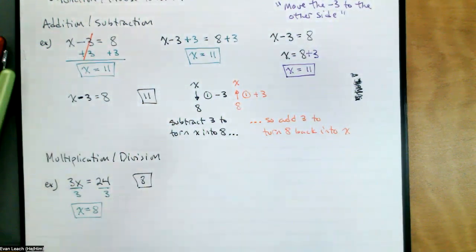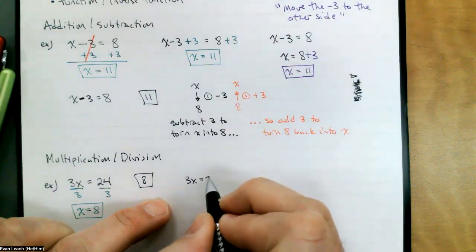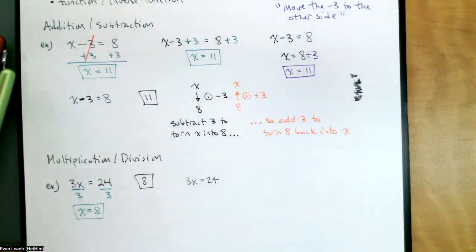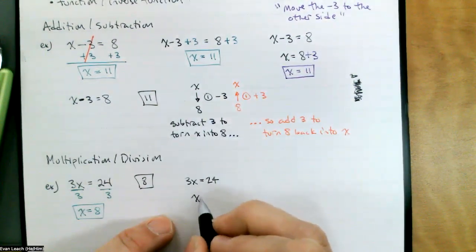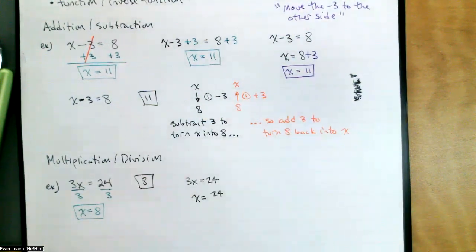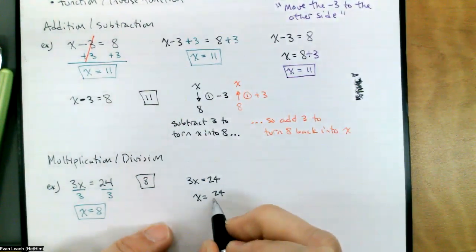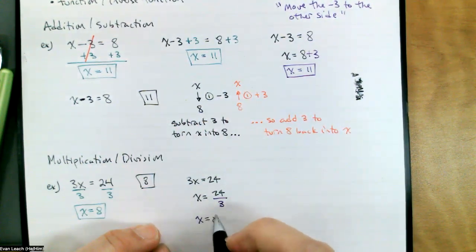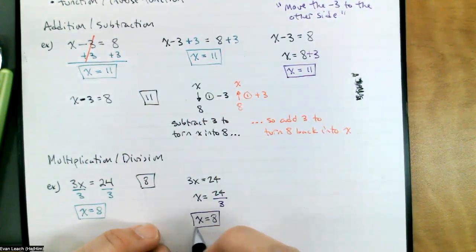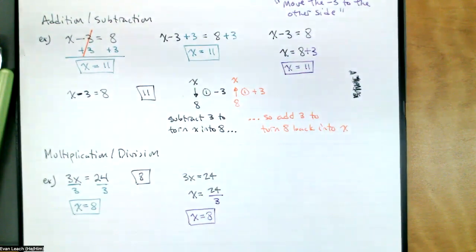You'll see 3x equals 24, and you'll write x equals 24 divided by 3. All perfectly valid ways. The most important thing is that you come up with 8.